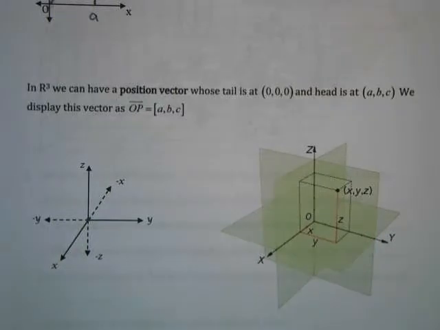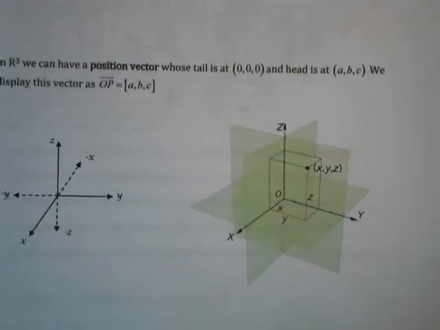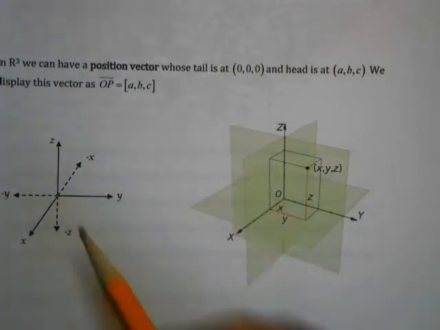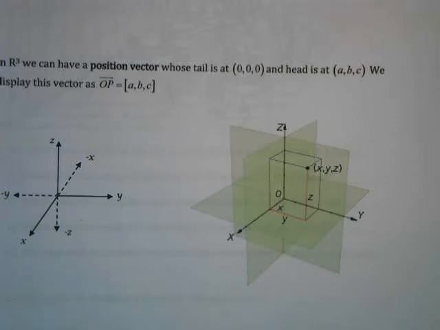Now this is where it gets a little complicated. Unlike R2, where I could just put a point and you could tell me its coordinates because the paper is 2-space, if I just put a point on the grid here, it could represent an infinite number of possible points.